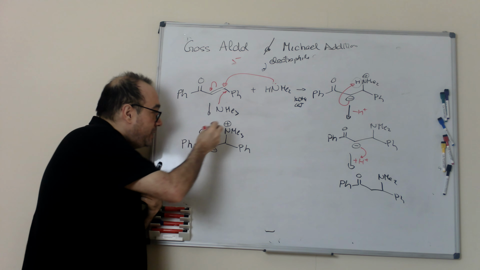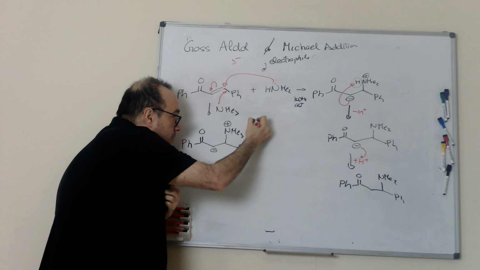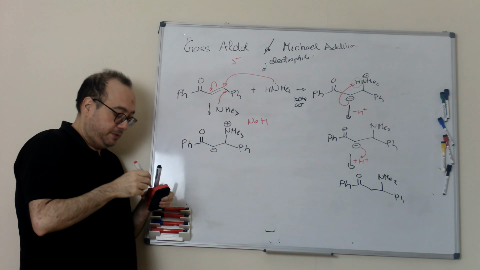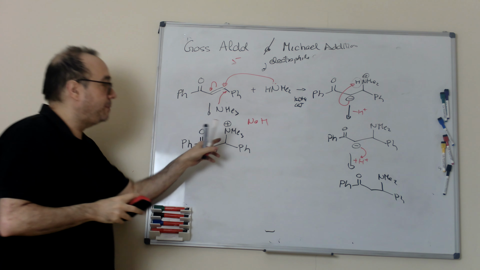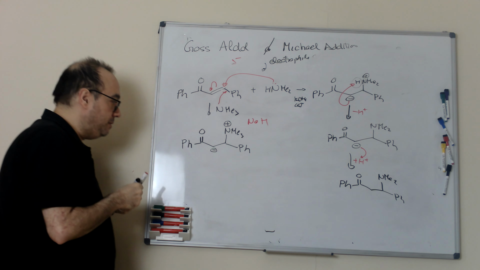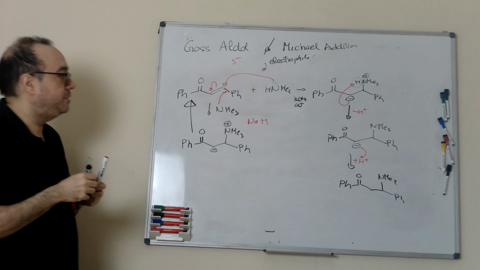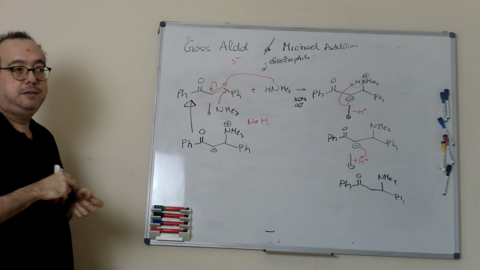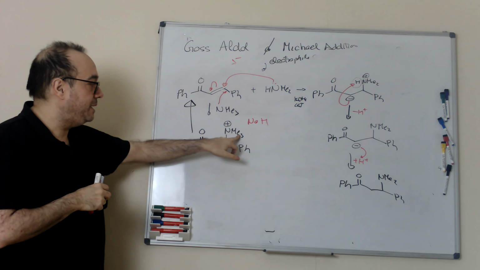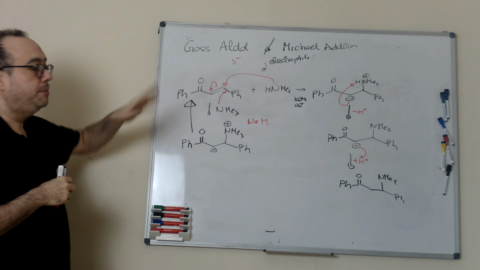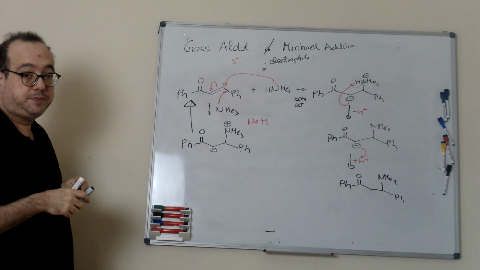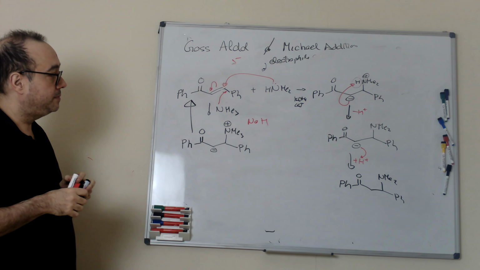We cannot lose a proton because there are no hydrogens. If we cannot lose a proton, this becomes very unstable, and what is happening is that the reaction is going back. That means that with tertiary amines, we cannot have Michael additions. Okay?